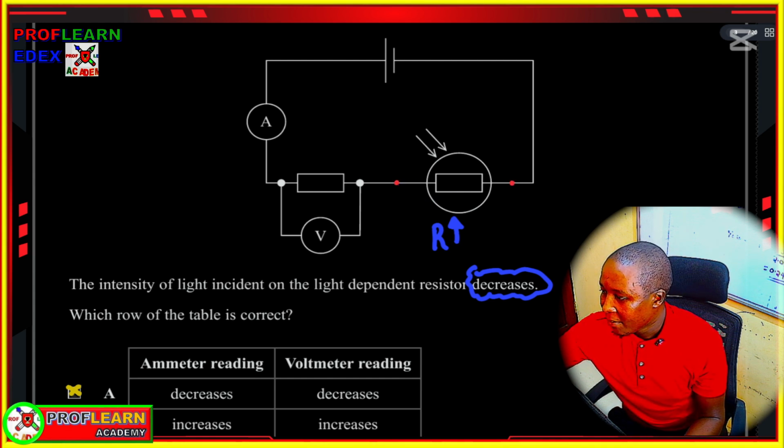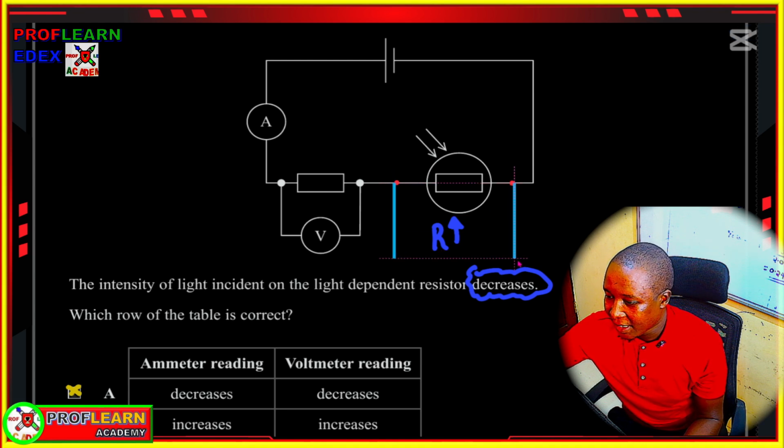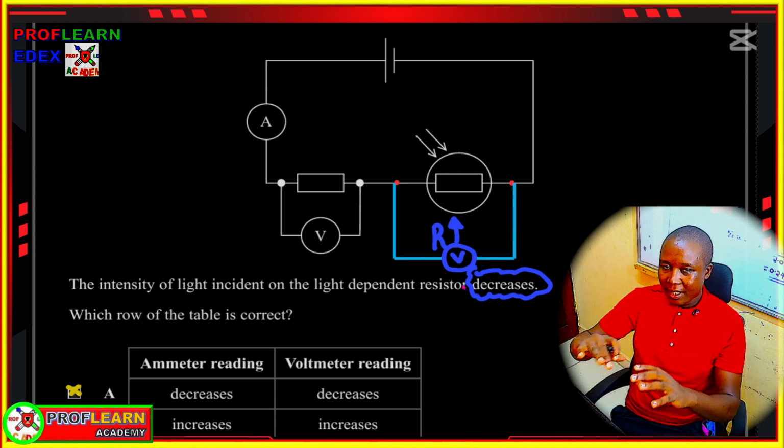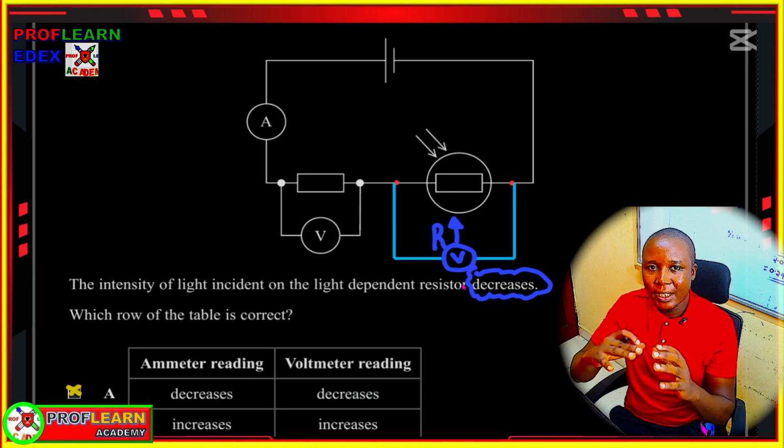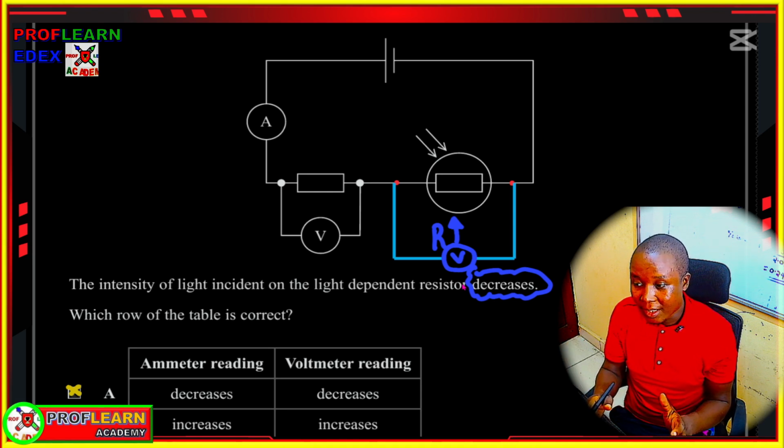All right, good. So if the resistance of this LDR increases, then if we have a voltmeter connected at this particular point, the voltmeter reading will increase also.